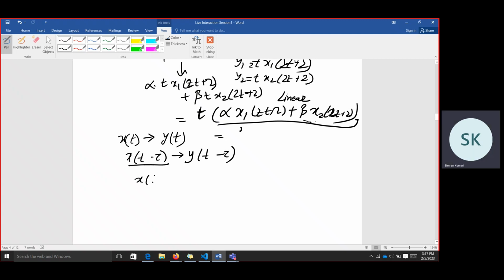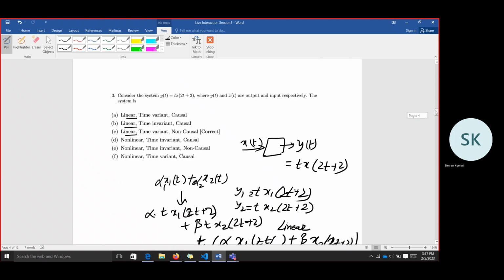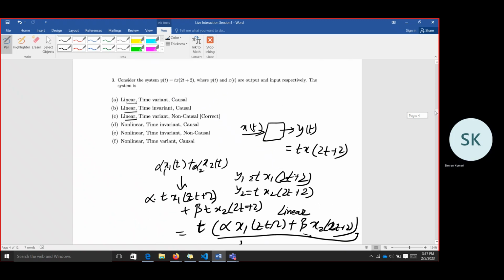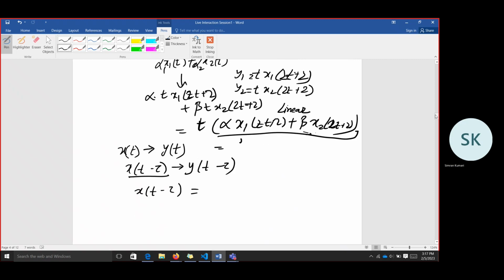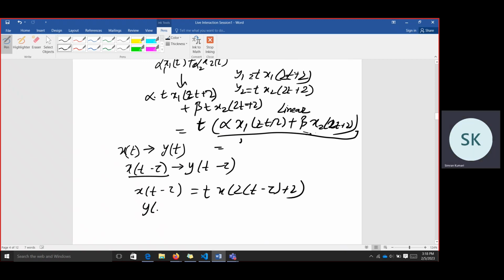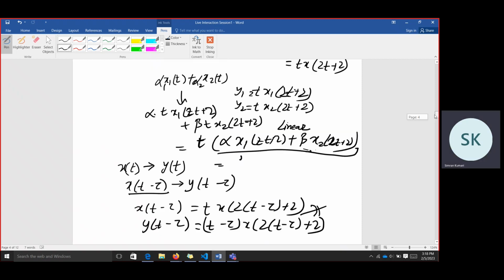So if we apply x(t minus tau), what will be the output? This will be t x(2t minus tau plus 2). And what is y(t minus tau)? This is (t minus tau) x(2(t minus tau) plus 2). So obviously these two are not equal. Therefore, this is not a time invariant system. This is a time varying system.